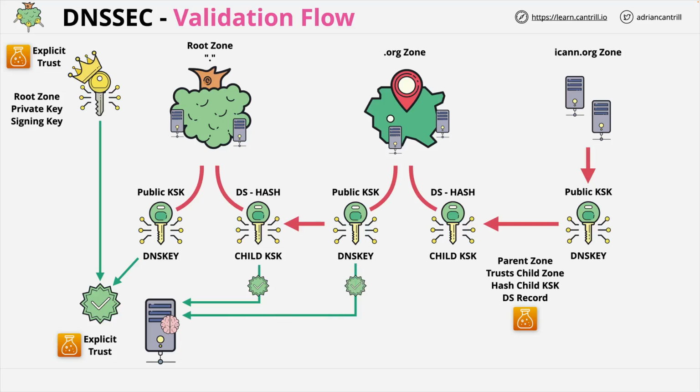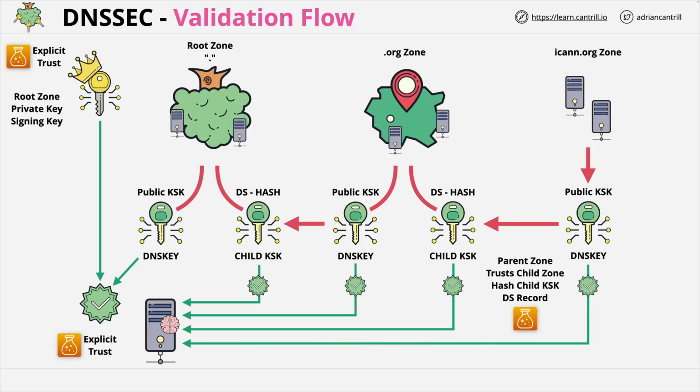Inside the org zone, the key signing key has signed the zone signing key, and this has signed record sets including the DS record set for icann.org inside the .org zone, and so this also can be validated. This contains a hash of the public key signing key for the icann.org zone, and so lastly this too can also be cryptographically validated. And this is how you build a chain of trust from root through to record sets.